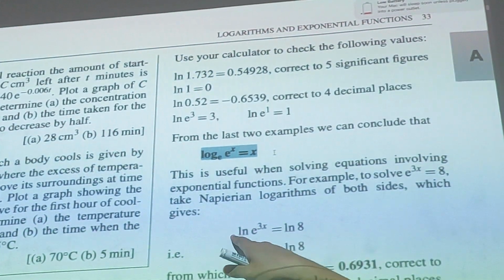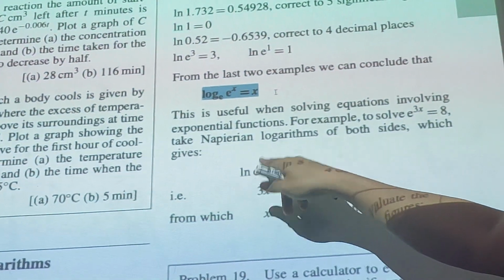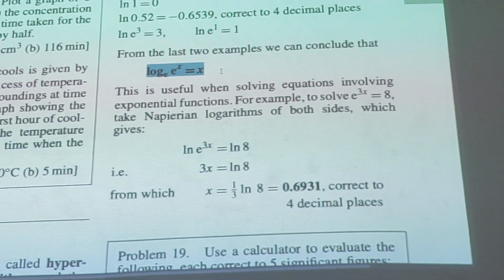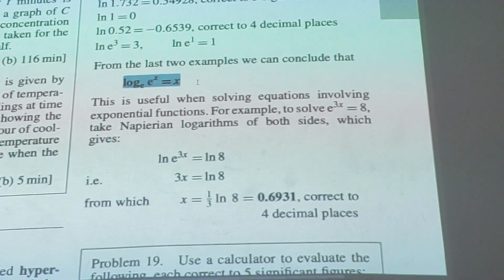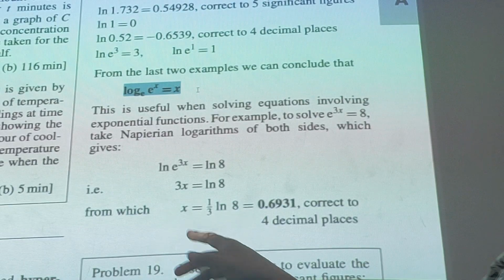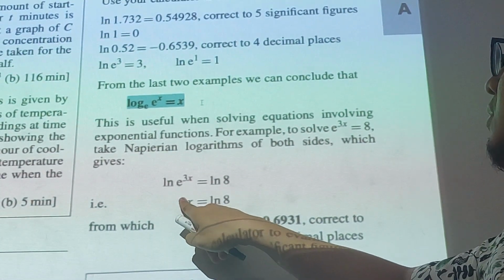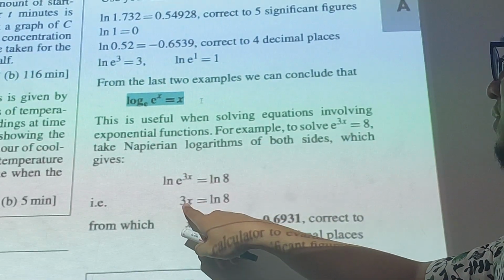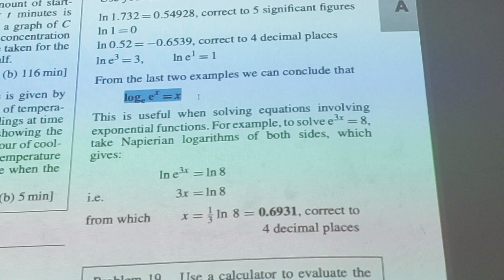So of course with this, for example, ln e to the 3x equal to ln x. So we can simply take 3x equal to ln x.